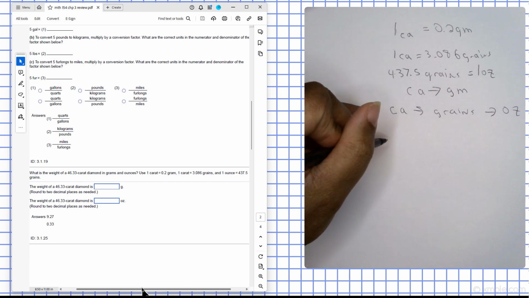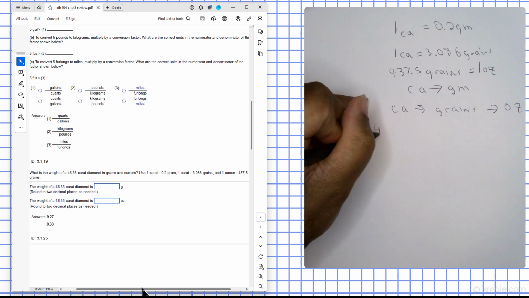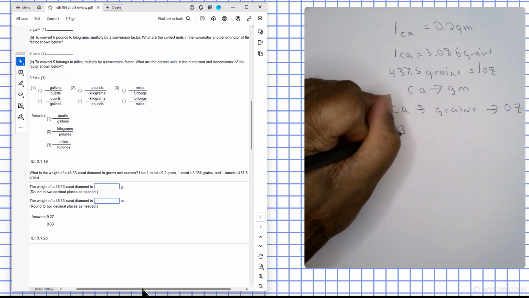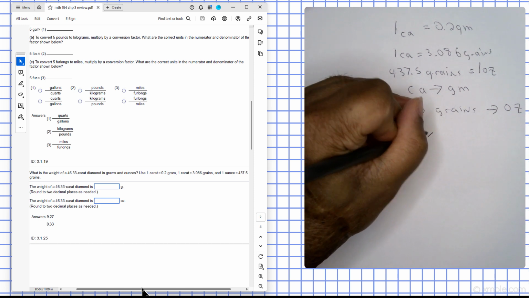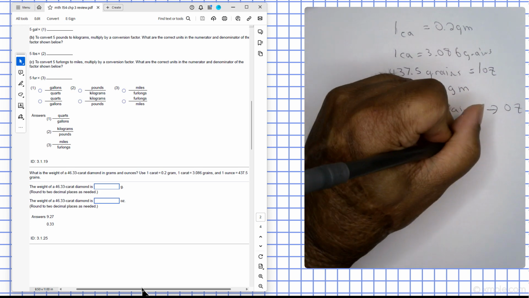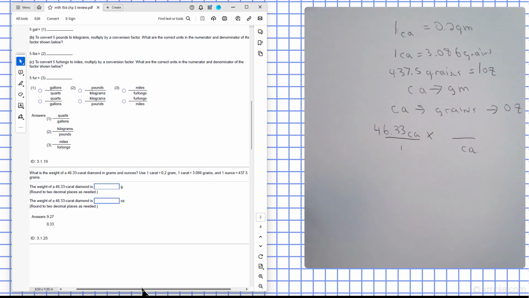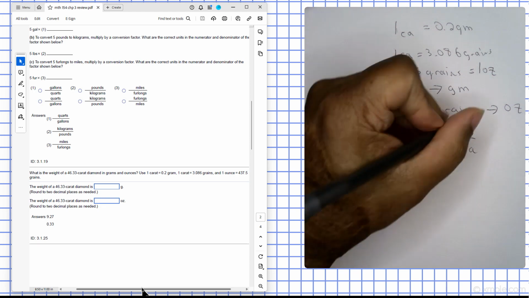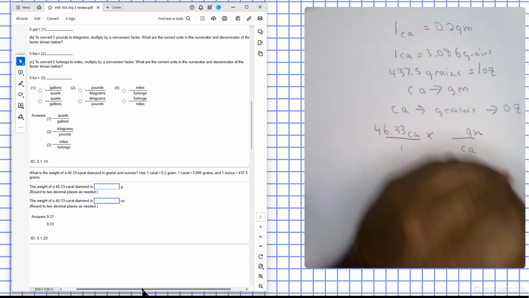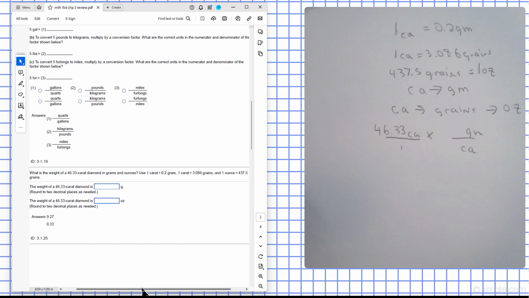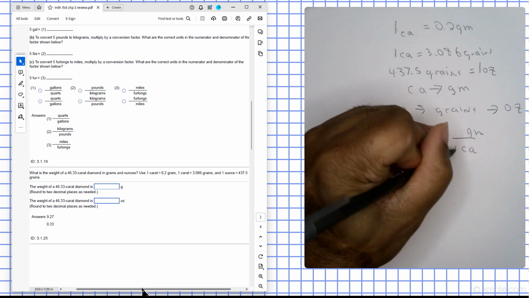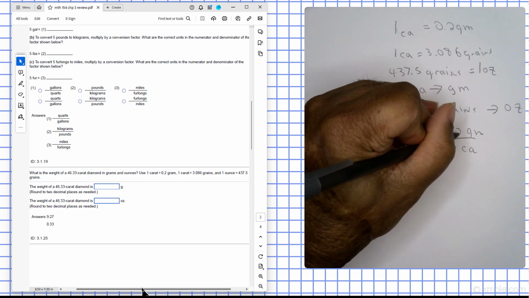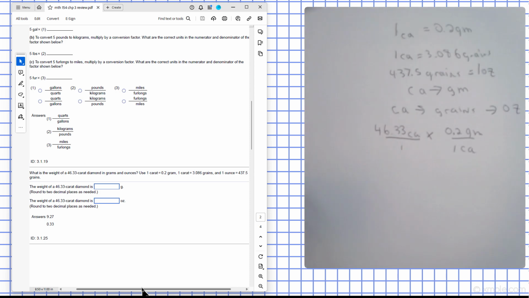And we're given 46.33 carats. We want to get rid of carats and replace it with grams. The relationship between carats and grams is that 1 carat is 0.2 grams.